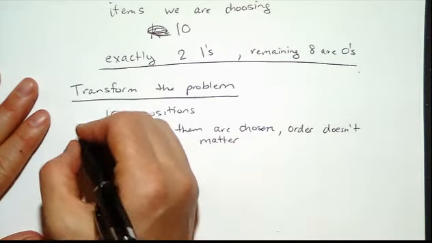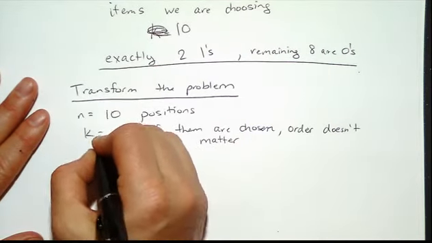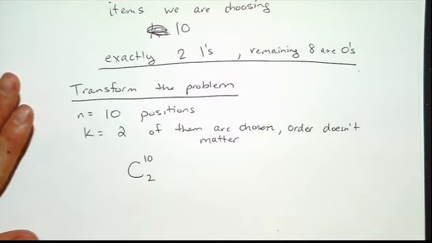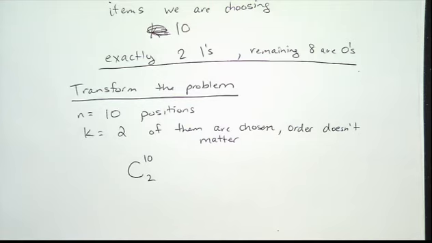So now we know that n is 10 and k is 2. So we have C(10, 2) as the answer. So when we have a problem where we choose from n items, choosing k of them, and order doesn't matter, we have this formula for C(n, k).